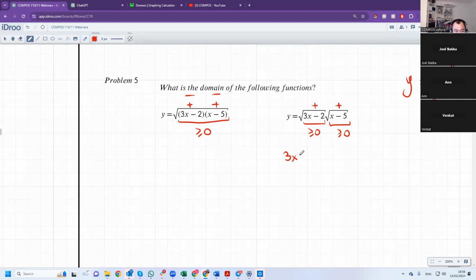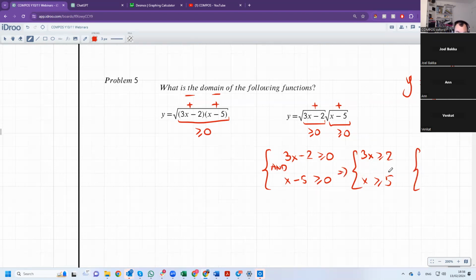Okay? So 3x minus 2 has to be greater or equal to 0. And the symbol for and in maths is this. And x minus 5 has to be greater or equal to 0. And that means that 3x has to be greater or equal to 2. X is greater or equal to 5, which means that x is greater or equal than 2/3, and x is greater or equal to 5.